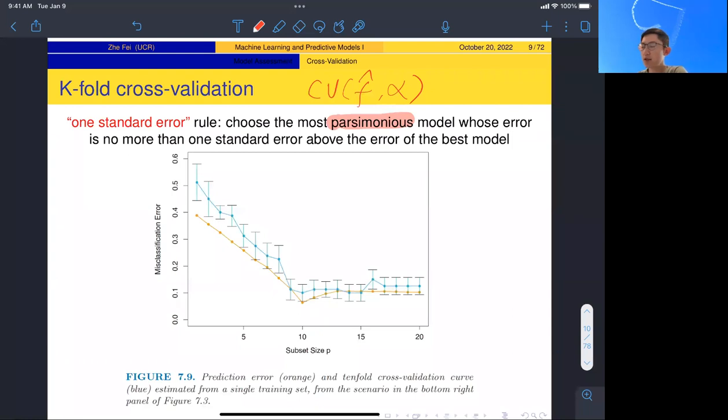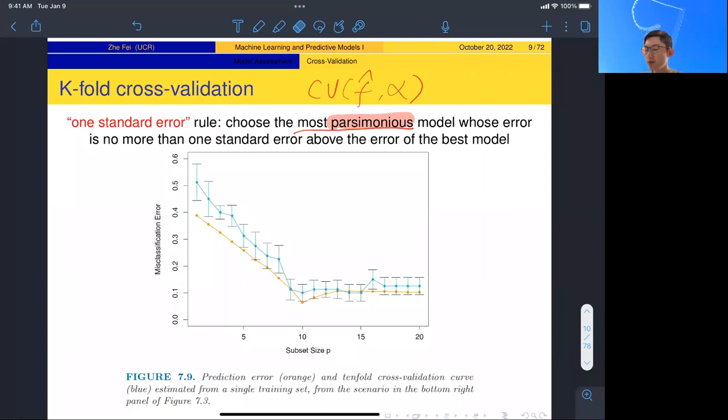But in practice, you may have some models that are very similar in performance, whose cross-validation error is no more than one standard error from the best model. In those cases, when we compare these similar models, we should choose the most parsimonious model. That's essentially a preference for parsimony in your model.